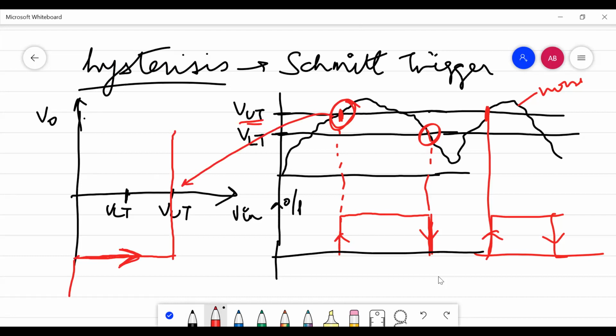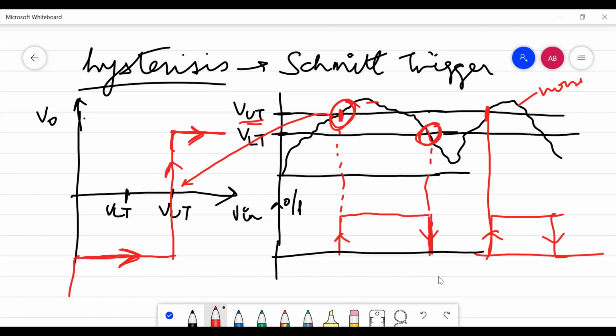So now the voltage has risen up. Again, when it comes down below the lower threshold voltage, it will go to the bare minimum constant level that was defined for the Schmitt trigger.